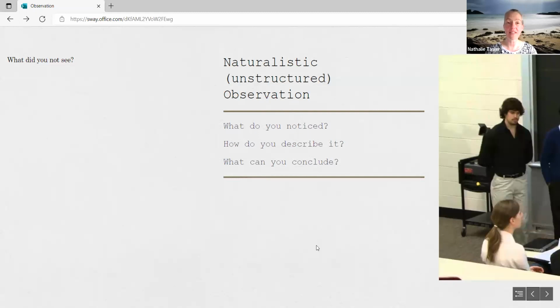I was just asking because the next bit is a naturalistic or unstructured observation, and in this case we wouldn't make assumptions or a list of things we want to see. What I was highlighting, and Alison confirmed, is that we do already have assumptions unless we are going into a completely unfamiliar situation.